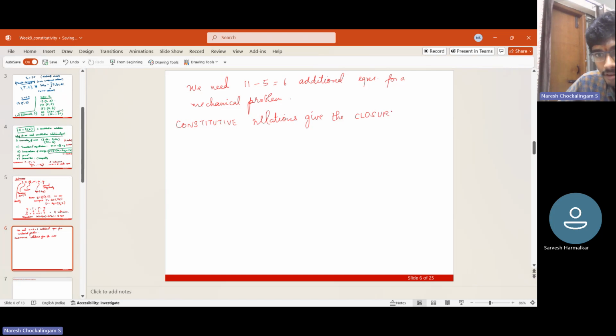So you have a system of equations, but we have fewer equations than the number of unknowns. So it is not possible to solve for all of them. Therefore, we need some conditions called the closure conditions, which close the system of equations. And what closes the system of equations are constitutive relations. And these constitutive relations are determined experimentally. So the only way you can determine them is experimentally.